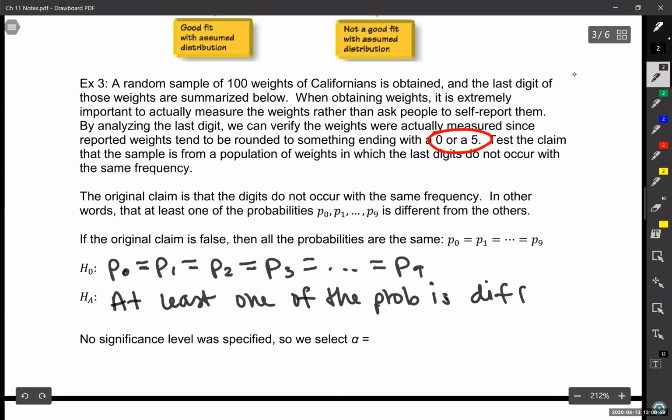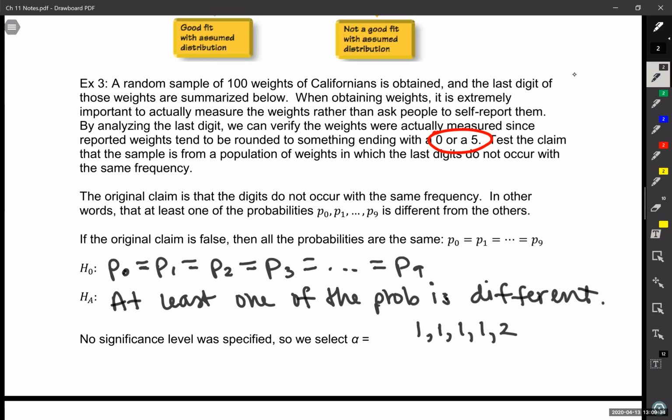We want to say at least one is different rather than they're all different, because if I wrote down this list, 1, 1, 1, 1, 1, you would say they're all the same. But if I changed one to a 2, you would say they're not all the same, but they're also not all different. There's a lot of ones, and at least one of them is different. The 2 is different, so they're no longer the same.